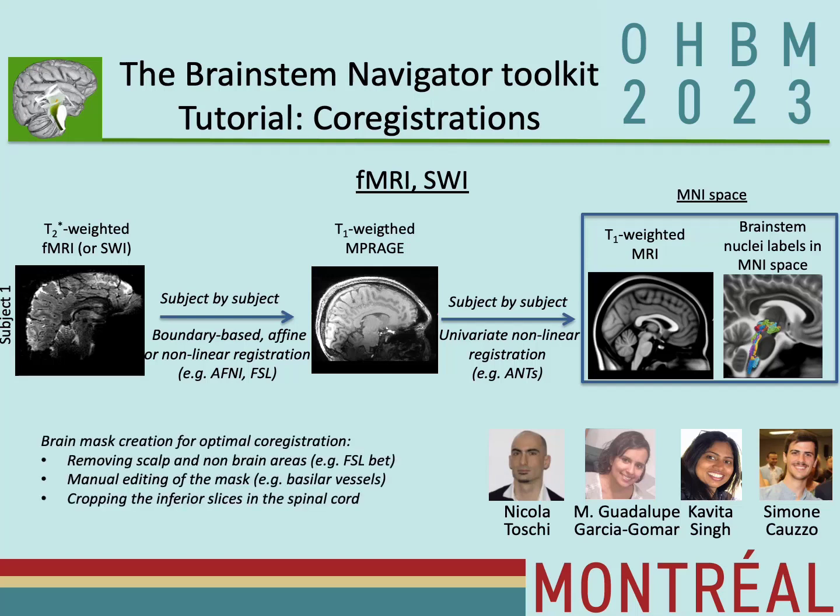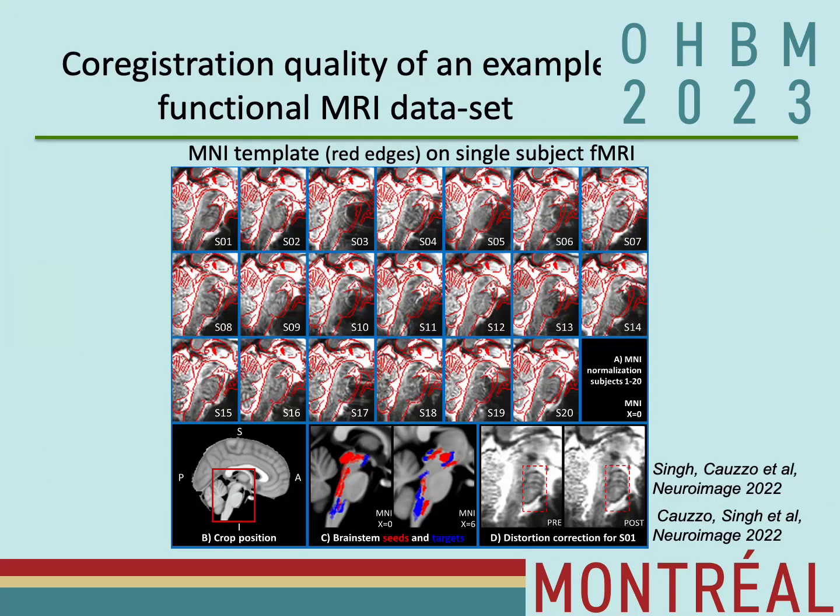Also here, masking might be beneficial. We show the coregistration quality for an example functional MRI dataset, indicating a good alignment for all subjects in the brainstem, except for some residual distortions and signal dropout in some subjects in the anterior part of the pons, which likely is an area where we do not have any brainstem nuclei atlas labels.